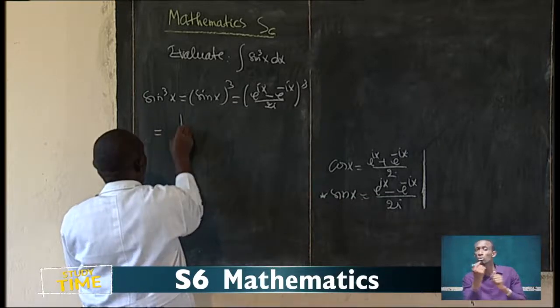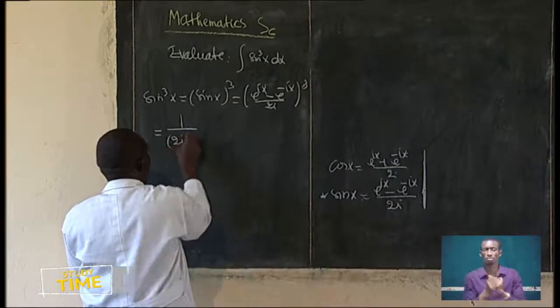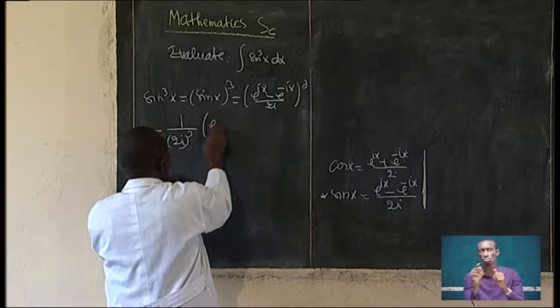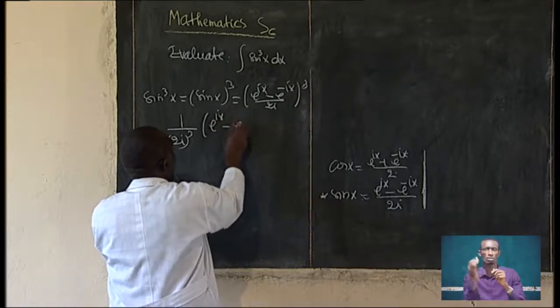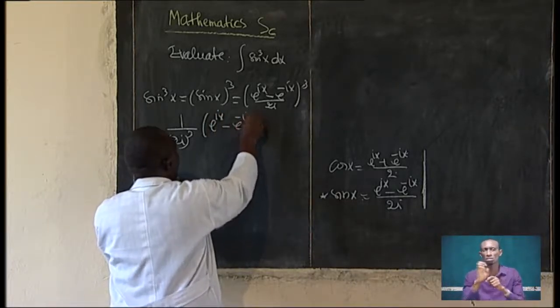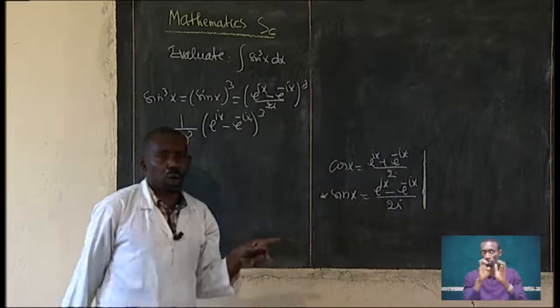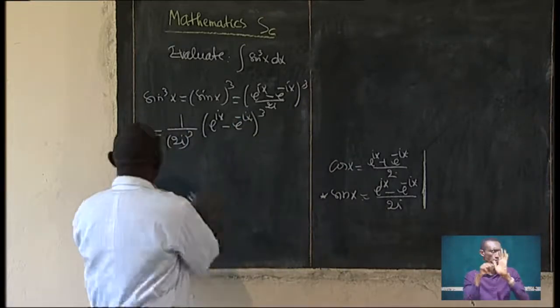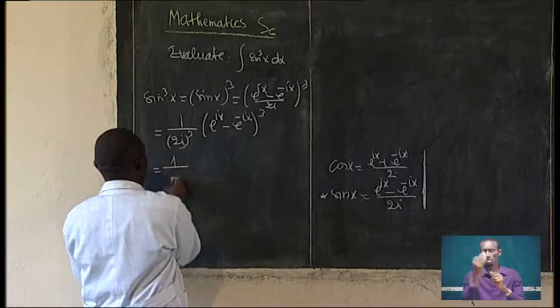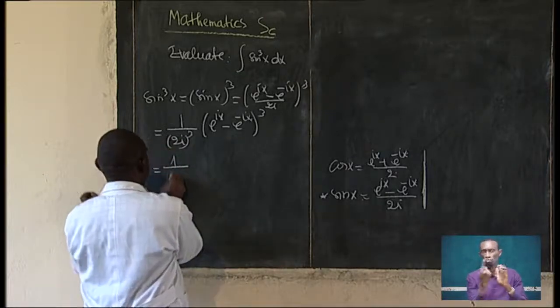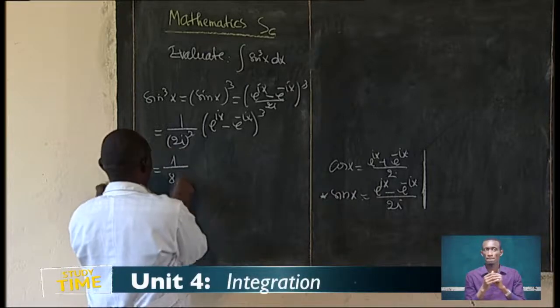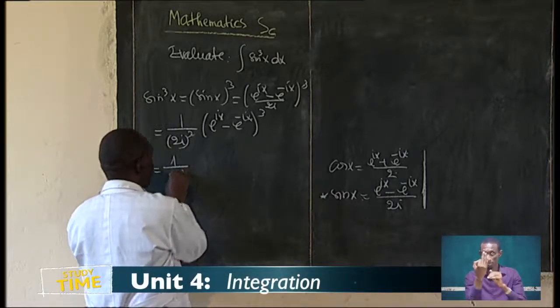I'll be having 1 divided by (2i) power 3, then (e power ix minus e power minus ix) power 3. So this will be 1 divided by 2 power 3, which is 8, times i power 3, which is i cubed.